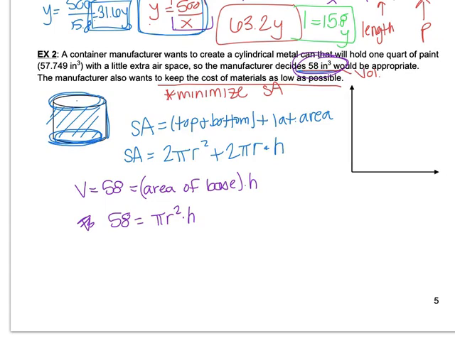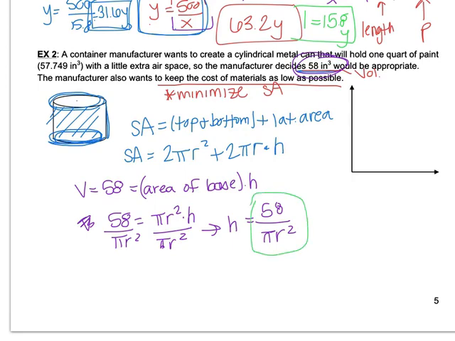So now we have this extra formula that we can use to solve for h or r. In this case, it's definitely going to be easiest to solve for h because all you have to do is divide by pi r squared. So we have h equals 58 divided by pi r squared. So what that means is we have this whole thing, which is equivalent to h, that we can plug in right here, and then our surface area formula will only have one variable.